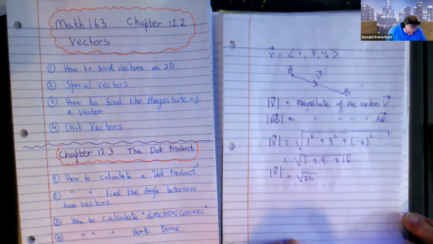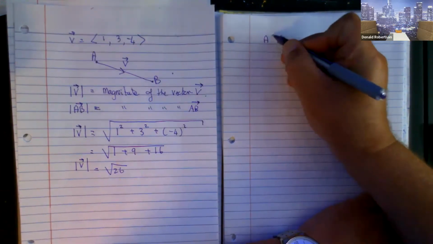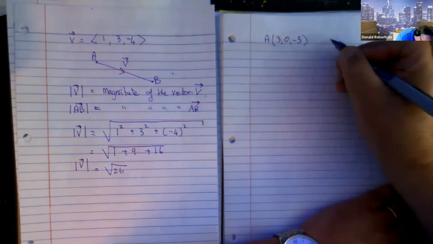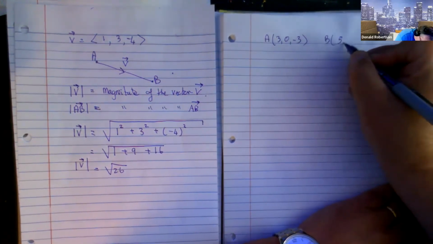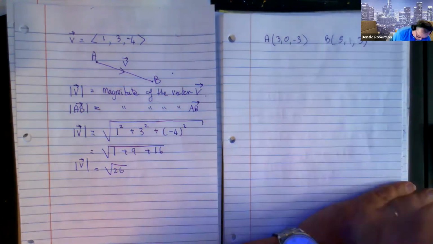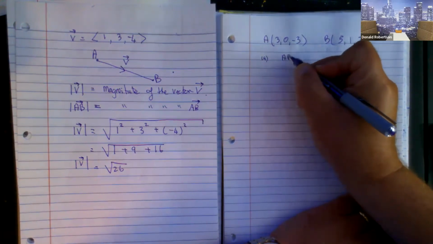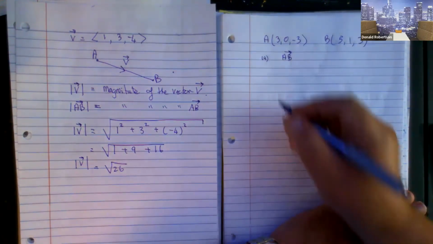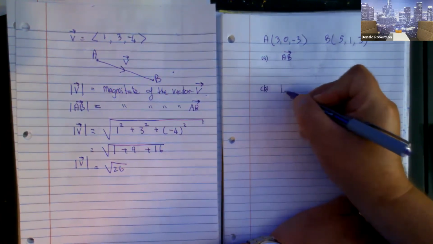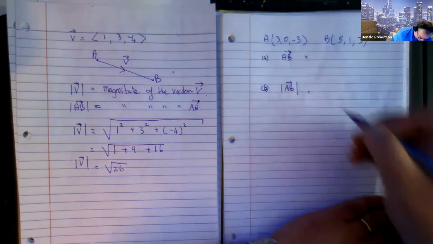Right, let's move on and try that again. Suppose I gave you the coordinates of 2 points. And the first question would probably be, find the vector AB. And the second question would probably be, find its magnitude. So let's see how we would tackle each of these.